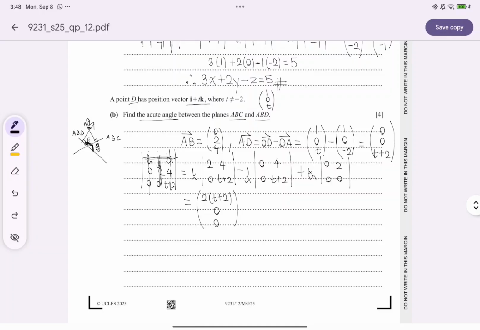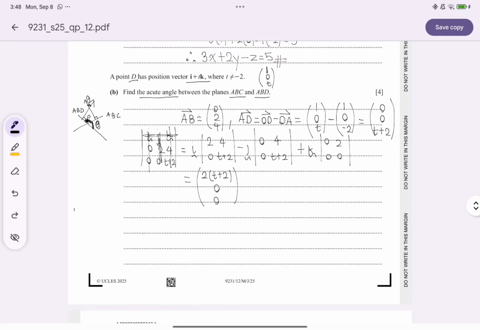So simplifying, yep, I think it's possible for us to simplify this.